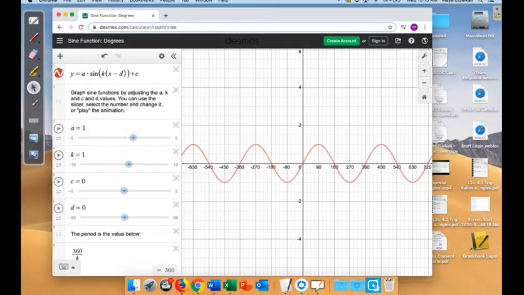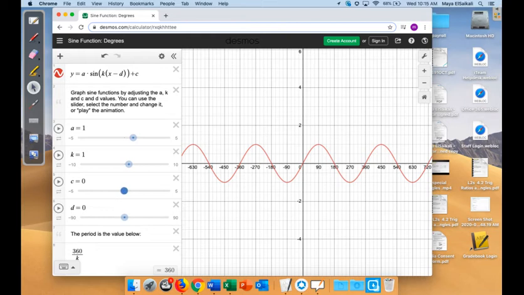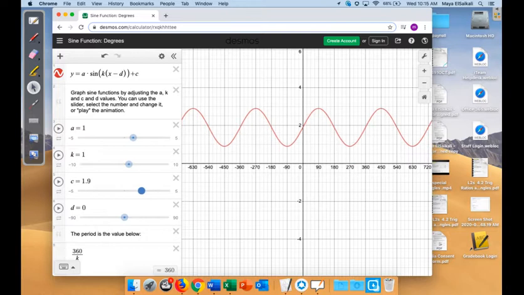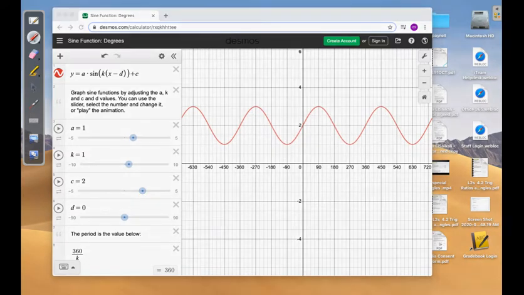So I'm going to keep D as 0 and change C. It's going to bring your graph up or down. In this case, C is equal to 2, for example. And now my axis is at 2. It's not at 0 anymore. So C determines what your axis is.